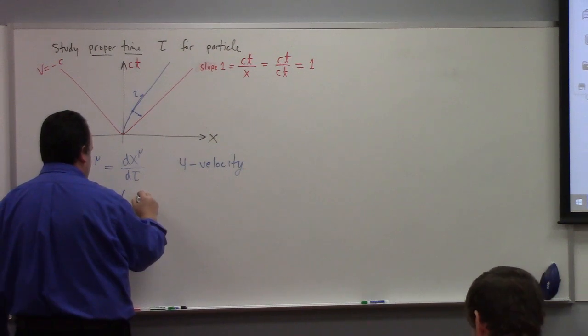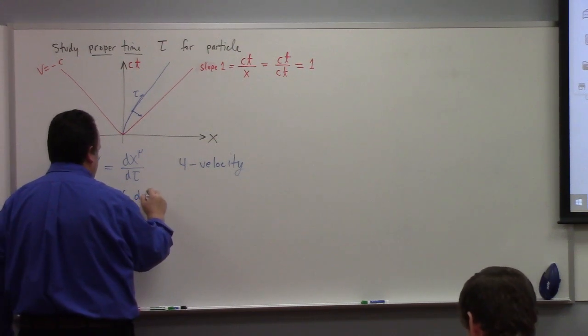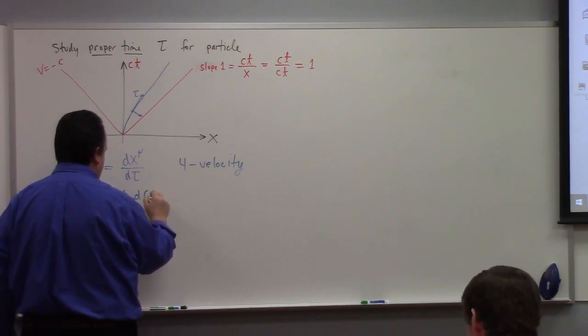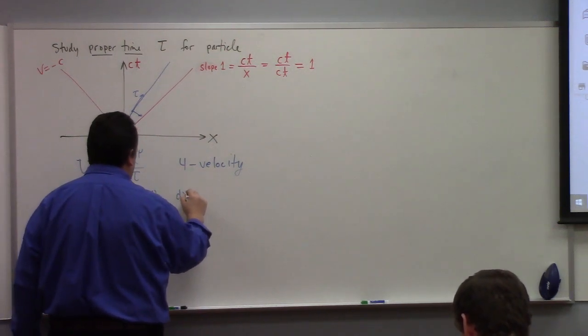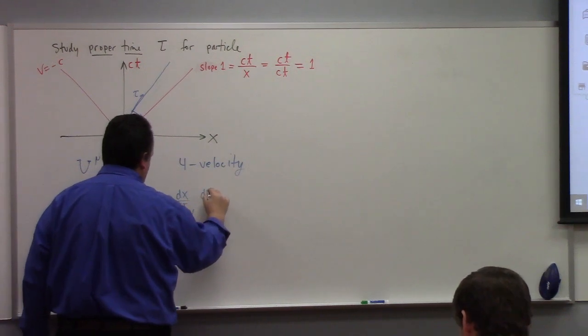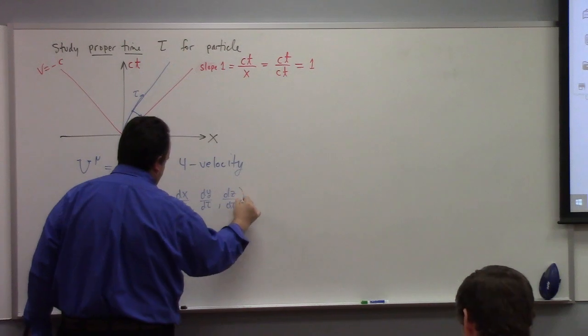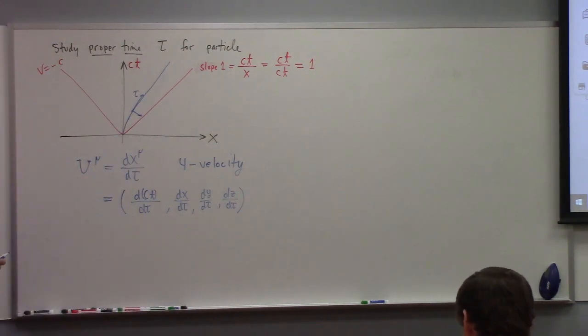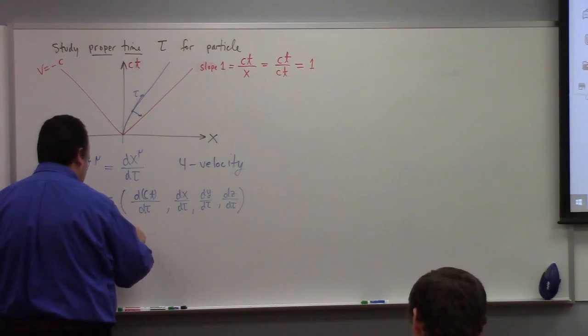What you've got is d of ct, d tau, and then you've got dx d tau, dy d tau, dz d tau. So the 0th component of this is weird and new, and it works out to gamma. I think maybe c gamma in my current notation.